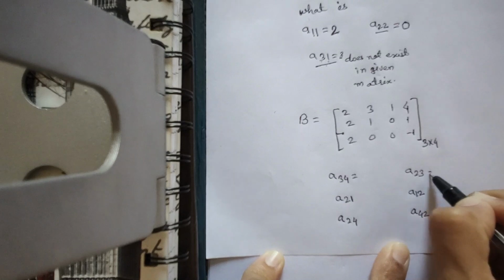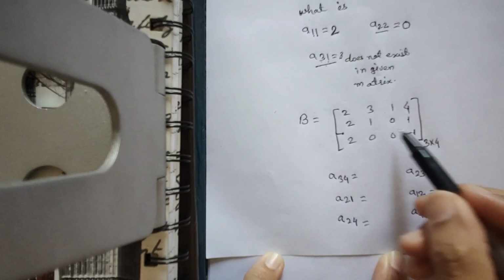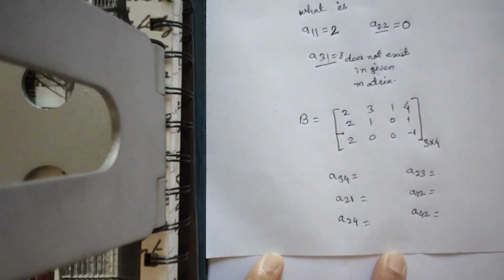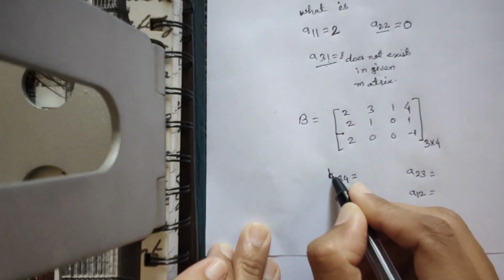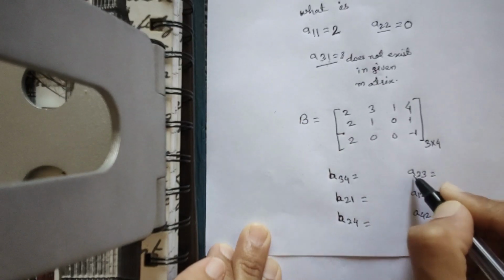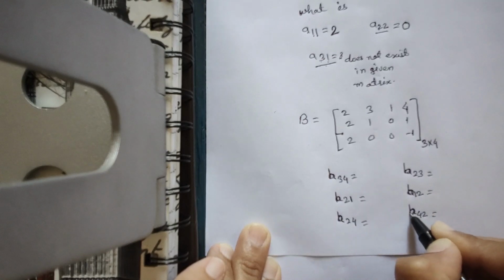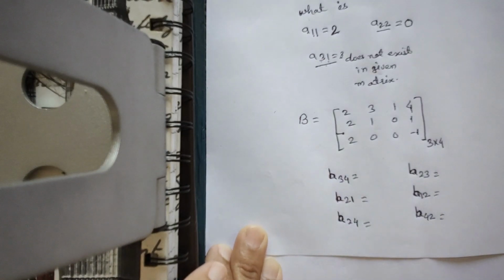Okay, so just find these elements. What is the value of each element in this matrix B? So let's just indicate this with a small b, so that it will be more related. It doesn't matter actually, but I'm just changing it.